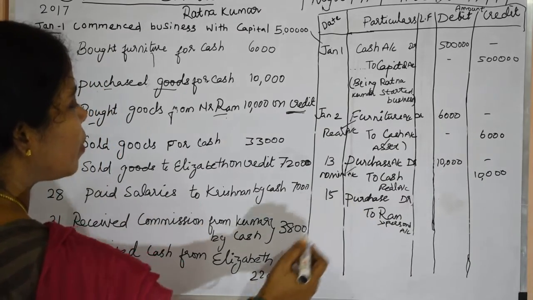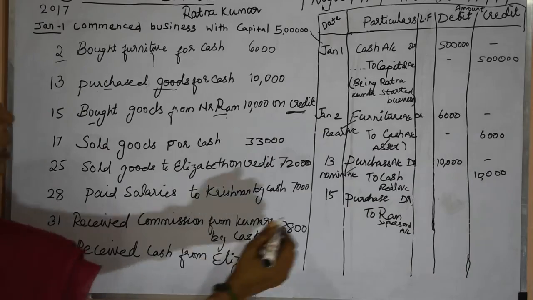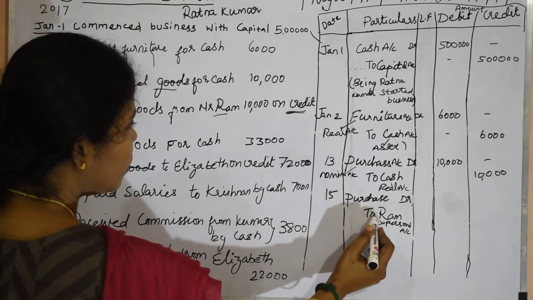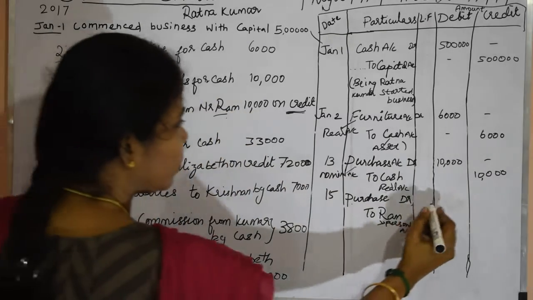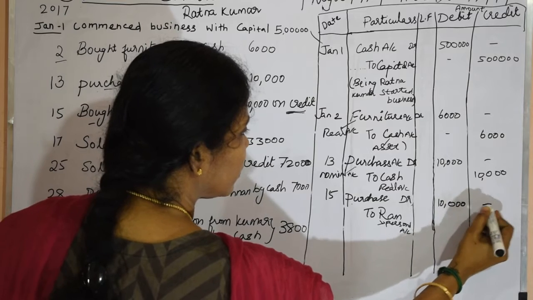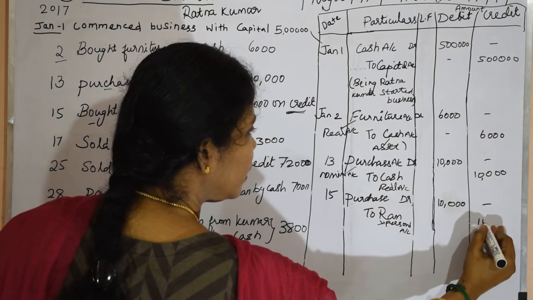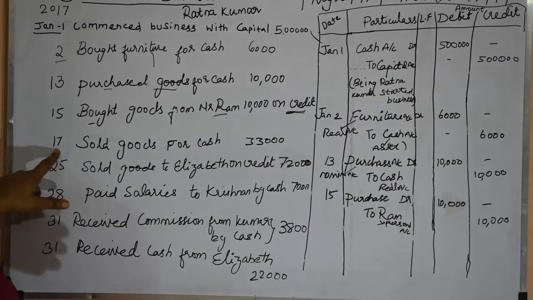Purchase is the nominal account. The nominal account rule is debit all expenses. So purchase account debtor to Ram. How much are we purchasing? 10,000. We have to enter 10,000 like this here.